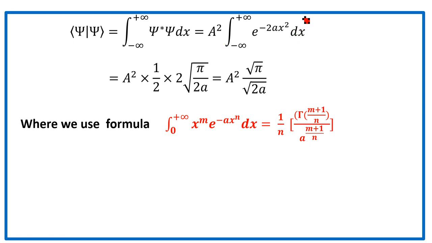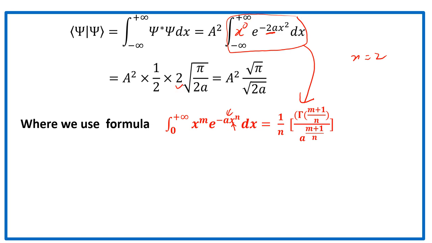the integral of psi star psi dx, which is A^2 e^(-2a x^2) dx. The value of this integral is determined by the use of this formula: x to the power m, so m is equal to 0, a is replaced by 2a, x^n with n = 2, and converting minus infinity to plus infinity into 0 to infinity by multiplying by 2.